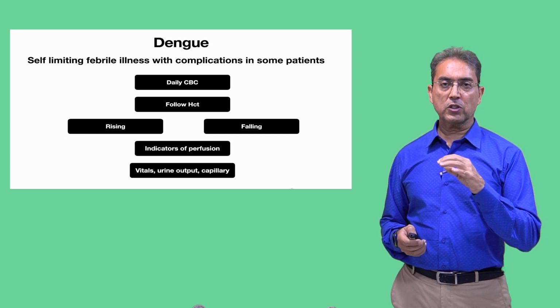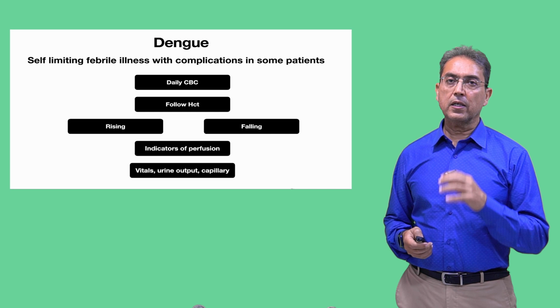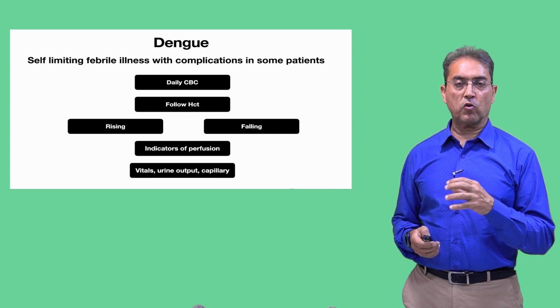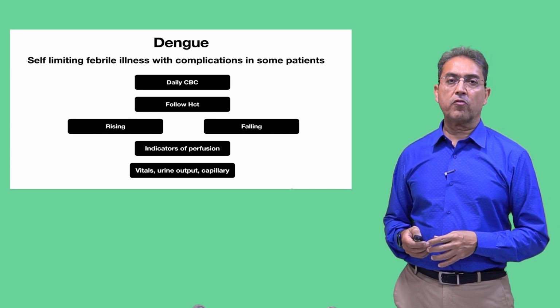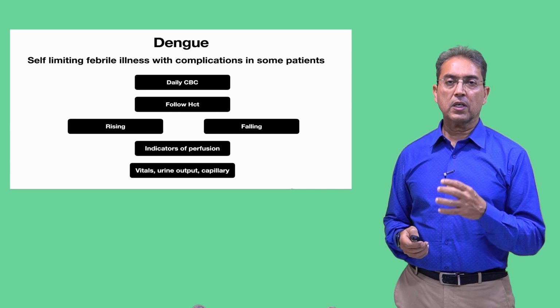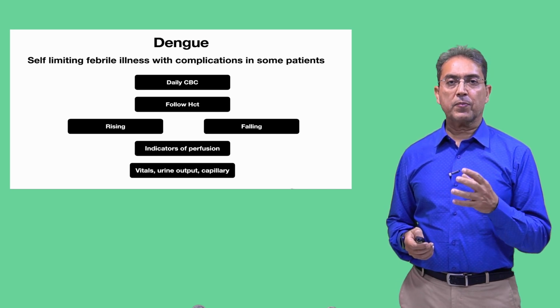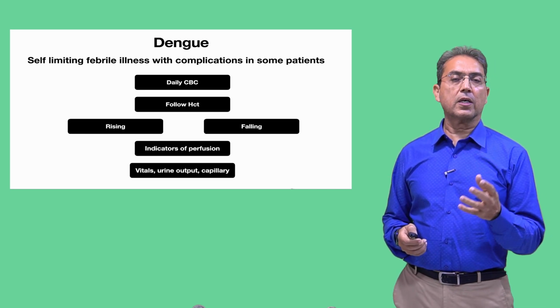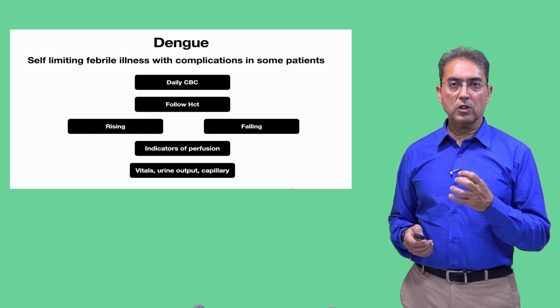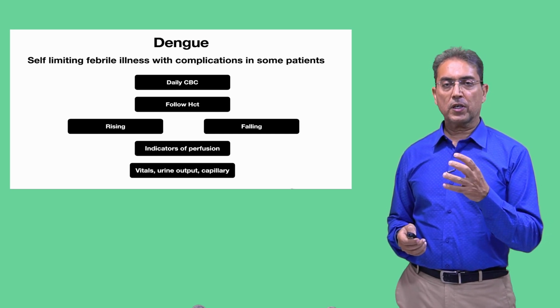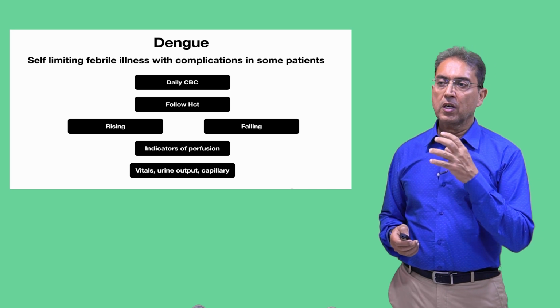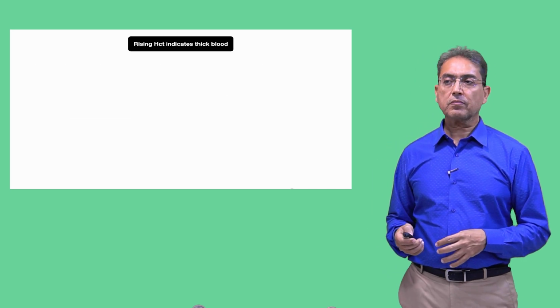So it's the hematocrit which is important, and the indicators of circulating volume or the indicators of tissue perfusion. We look for this and we can find out what is happening, and upon this we design our management plan. So these two are very important, the hematocrit and the indicators of perfusion.